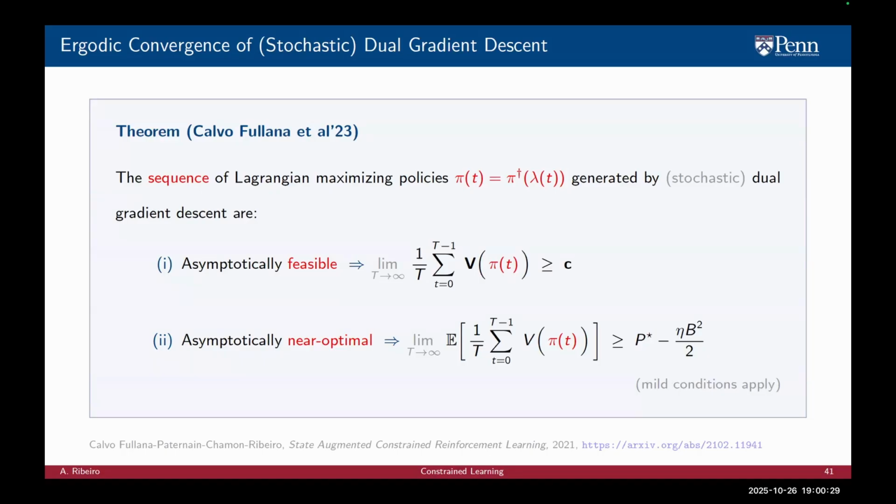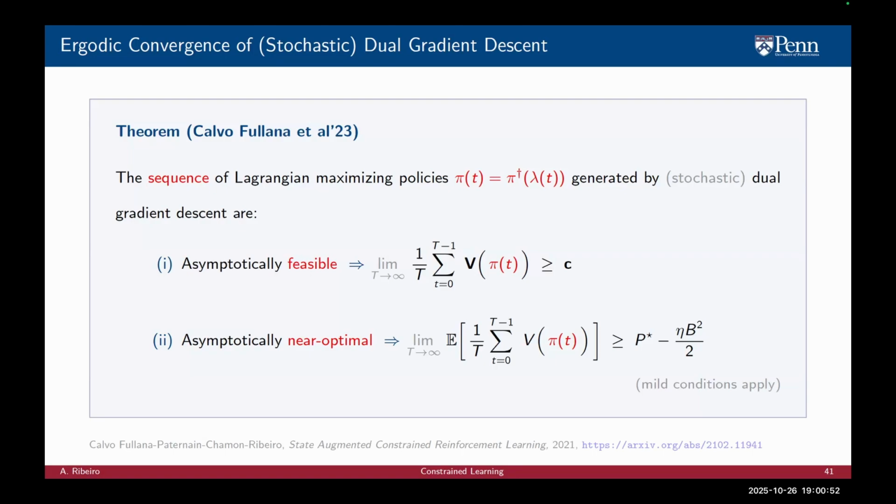And what does ergodic convergence mean? Well, it means that if you take the average of the value functions, the ones that appear in the constraints, they will be feasible, and they will also be asymptotically near optimal. This is what you want. You want to satisfy your constraints and you want to be close to the objective.